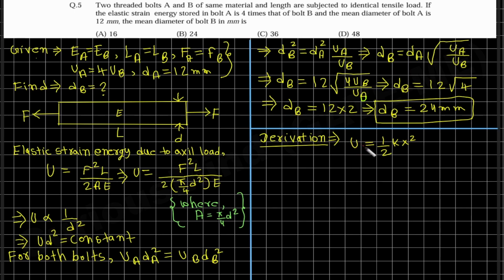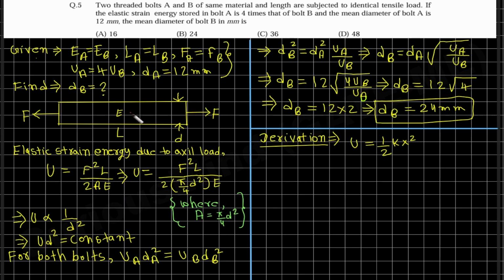So we have the formula for the elastic strain energy stored in a spring of spring constant K, where the increase in the length of the spring is x. We can use this formula for our case here, because this bar also behaves like a spring loaded with the axial force.